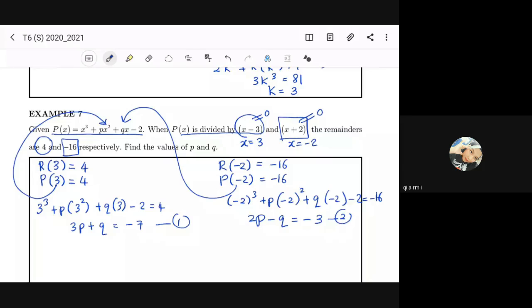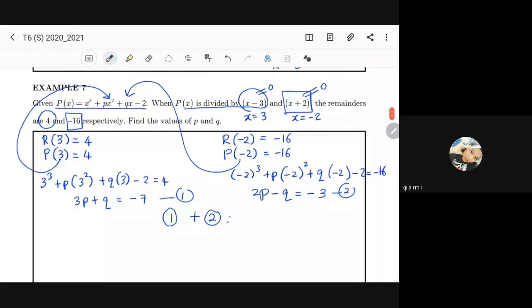Okay, but saya suka eliminate. So saya akan ambil 1 plus 2. Kenapa 1 plus 2? From 1, I have positive Q. And from 2, I have negative Q. So, saya akan tambah dua-dua tu.